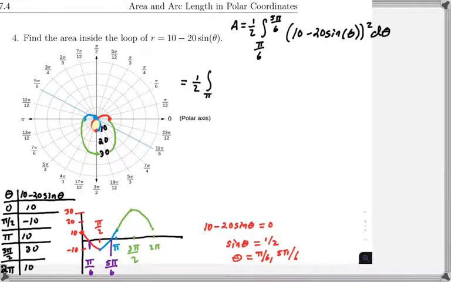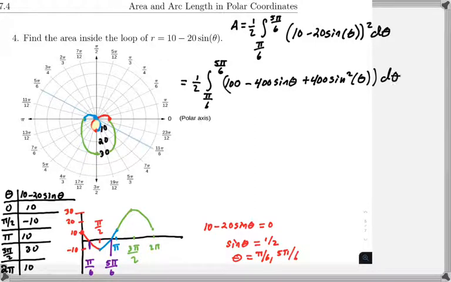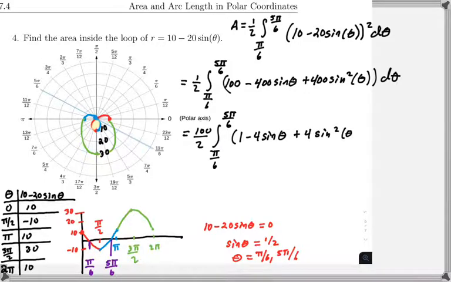So it's going to be 1/2 integral from pi over 6 to 5 pi over 6 of 100 minus 400 sine of theta plus 400 sine squared of theta d theta. Everybody's got a factor of 100, so we'll factor out a 100, so we have 100 over 2, integral from pi over 6 to 5 pi over 6, of 1 minus 4 sine of theta plus 4 sine squared of theta d theta.